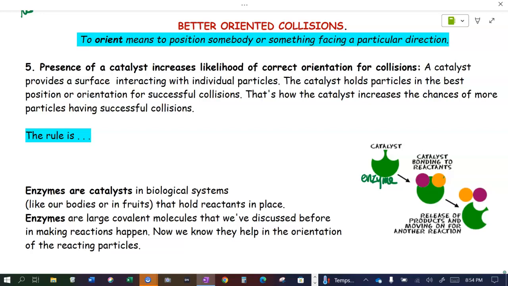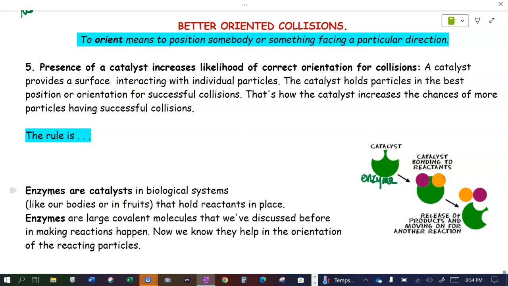But in reactions in general, reactions that are difficult to happen, if you can find a catalyst that will perform this kind of homing pigeon kind of thing where they go to the right spot and then the reactants happen to land correctly, that is amazing.